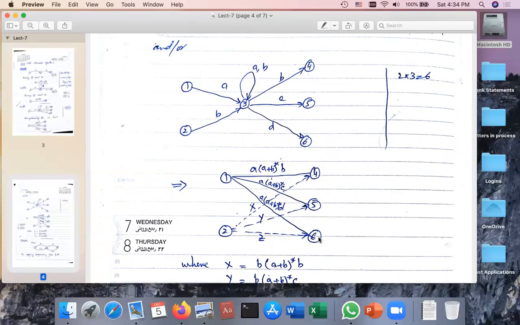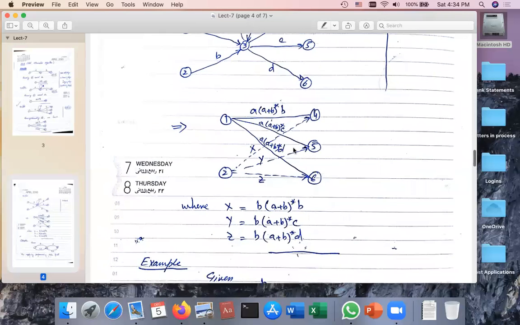And then from 2, b, (a plus b) whole star into b going towards 4. So I can represent it here as b (a plus b) whole star b, and I can label it with a new variable x. So this is also an option for us.